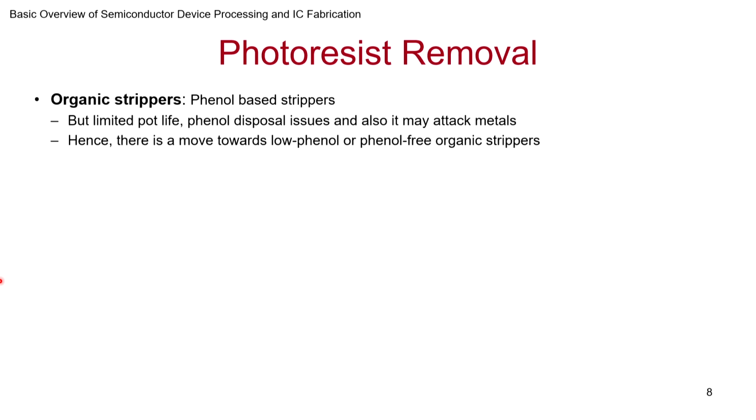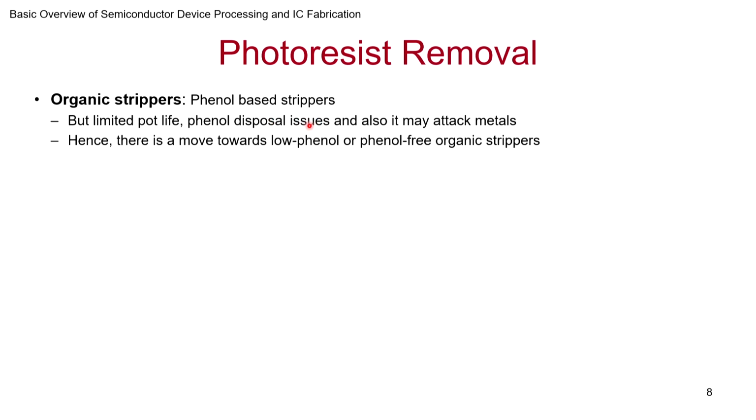One is you can use organic strippers for removing the photoresist. Usually these are phenol based strippers, and they do work, but they have limited shelf life, or as they call it, the pot life. Once you keep it in a pot, its effectiveness may decrease if you don't prepare it fresh. So that's one reason that sometimes you may want to avoid it. And also phenol disposal is an issue.